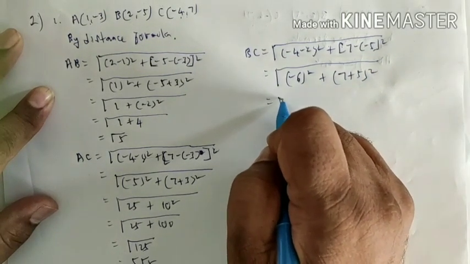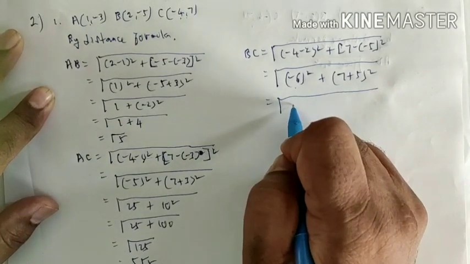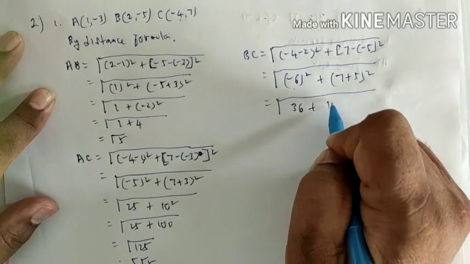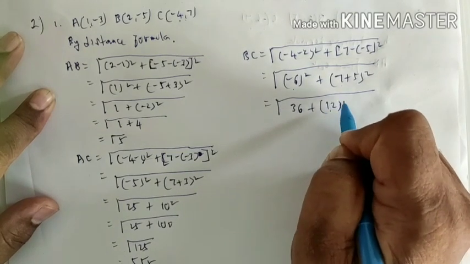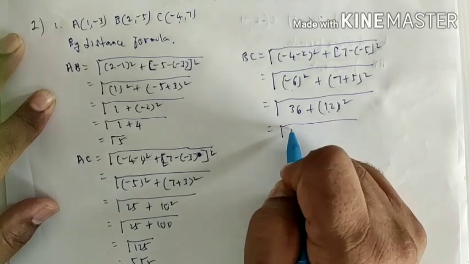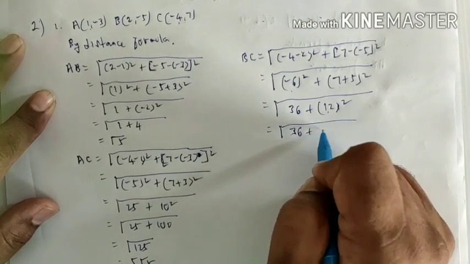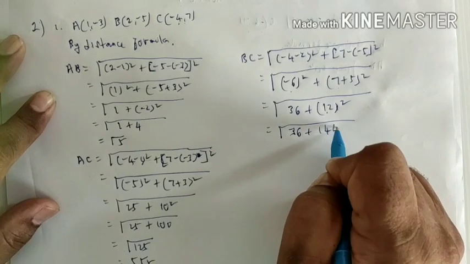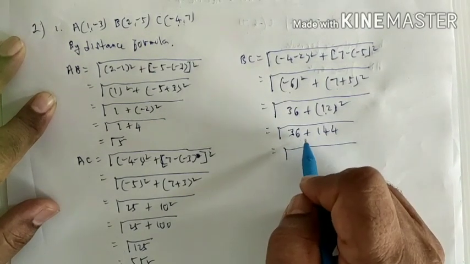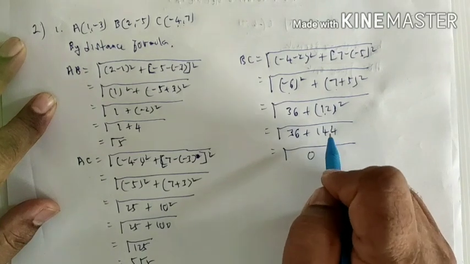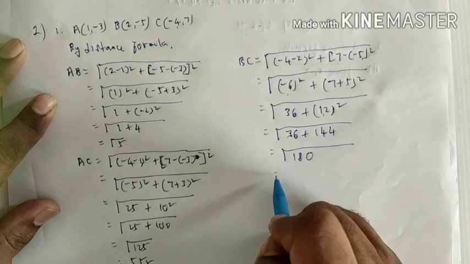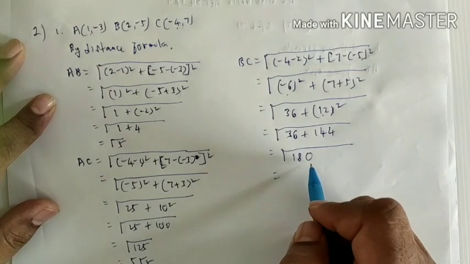It is equal to under root minus 6 square is how much? 36. 7 plus 5 is how much? Plus 12 square. It is equal to under root 36 plus 144, which is 180.